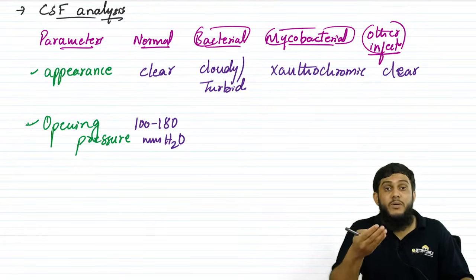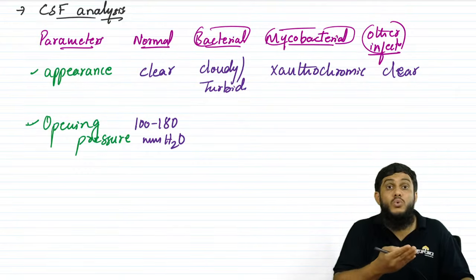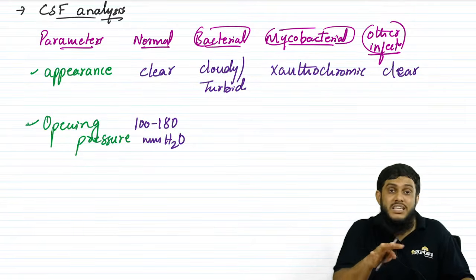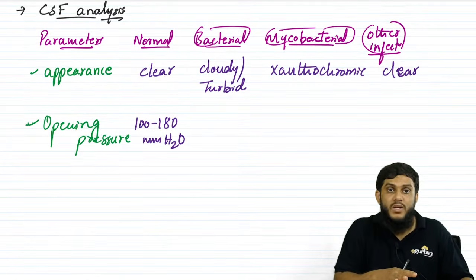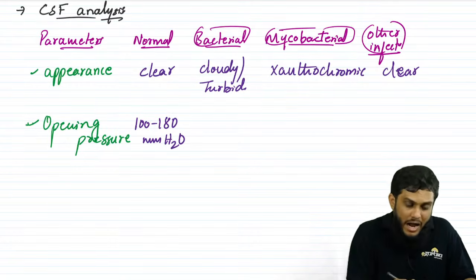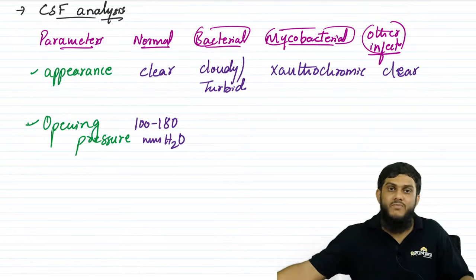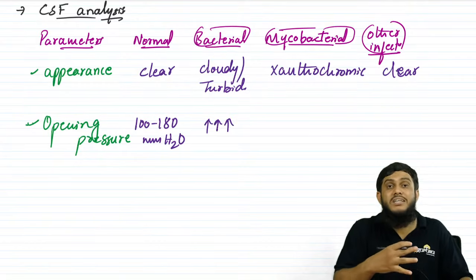If the patient is standing, the normal pressure is somewhere between 200 to 300. As we collect the CSF in the lateral recumbent position, the normal CSF pressure is 100 to 180 millimeter of water. If it is bacterial infection, the pressure is increased very much.